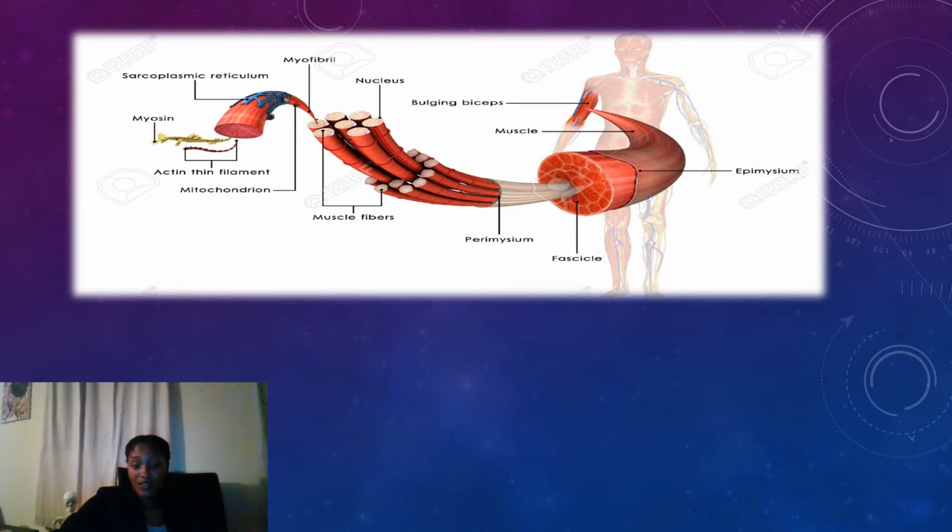Remember the myosin heads that I was talking about to explain how smooth muscle cells actually contract. So yes, they contain all of these things. I just wanted to show a little deeper how the inside of the muscle looks.